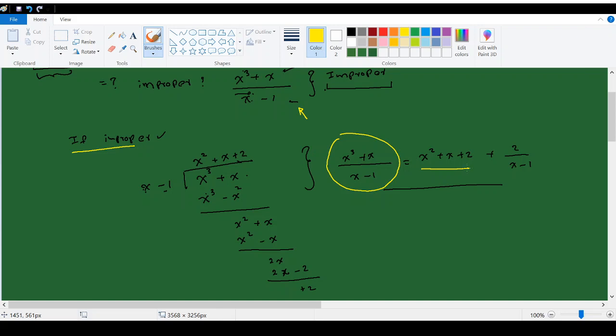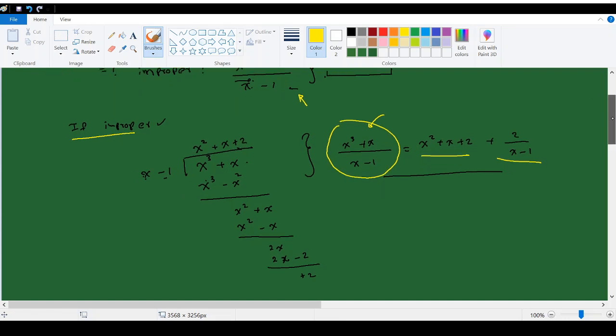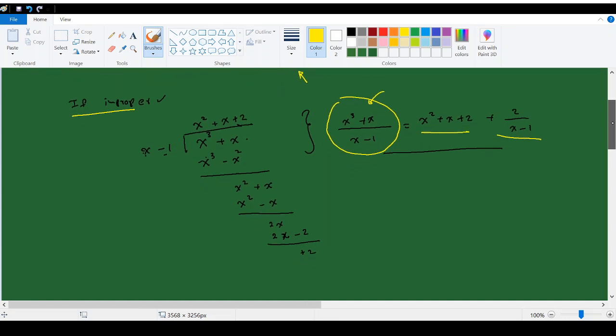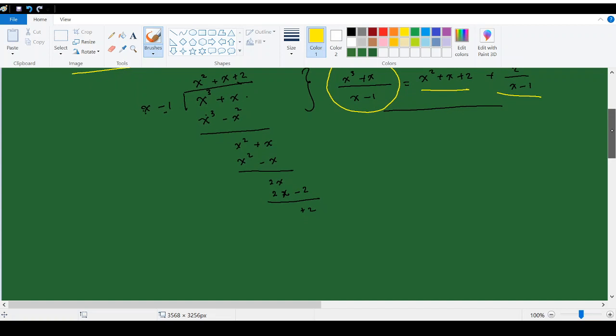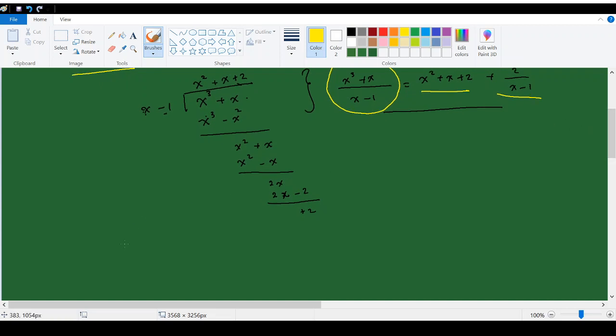So this one and this one will be the partial fractions for this example, but that doesn't guarantee that just by computing the long division, it will give the partial fractions.